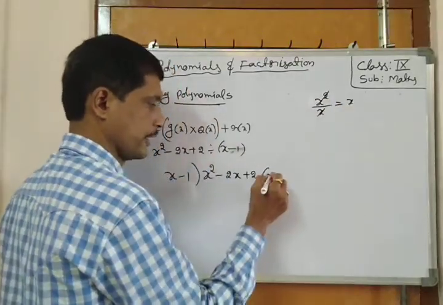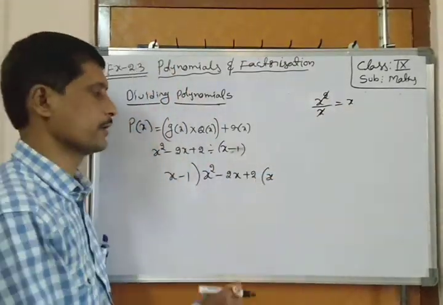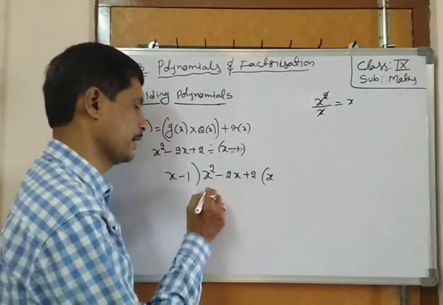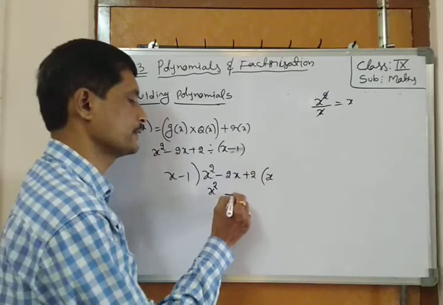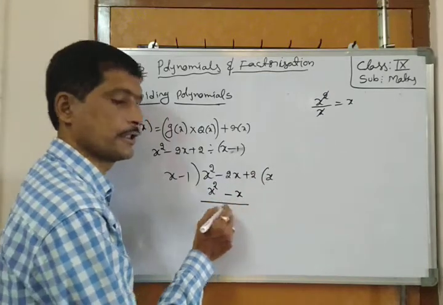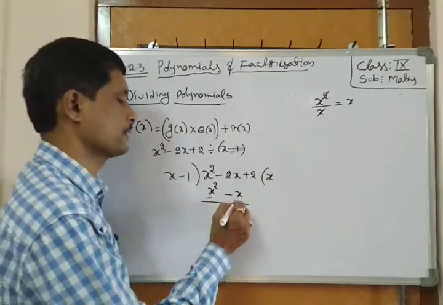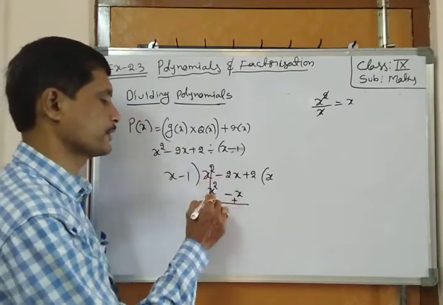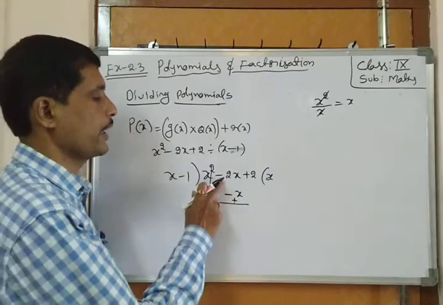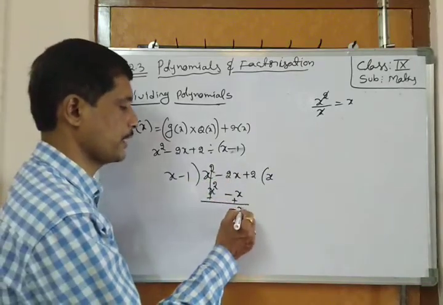Write the quotient x. Here x into x is x square, and minus 1 into x is minus x. Here the sign changes, so minus becomes plus. Here x square minus x square cancel. Here minus 2x plus x is minus x plus 2.